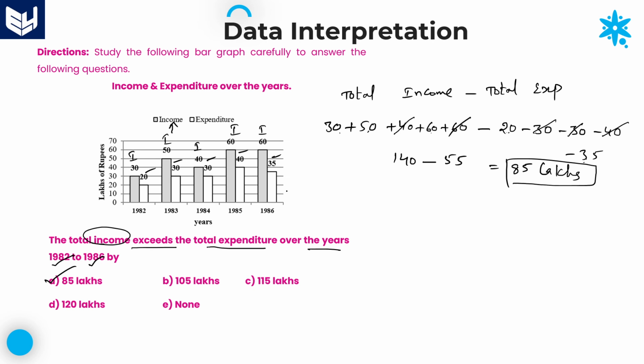Option A. In this way, we need to solve the questions related to income and expenditure. Once again, I am repeating, whenever a problem occurs from income and expenditure, you need to be very cautious about profit as well as profit percentage.